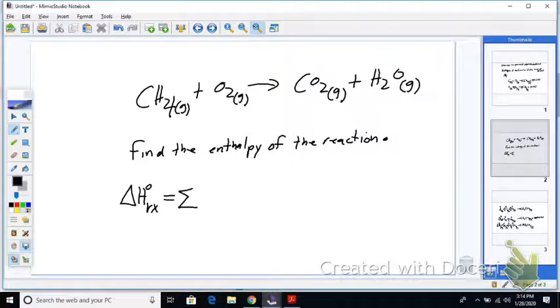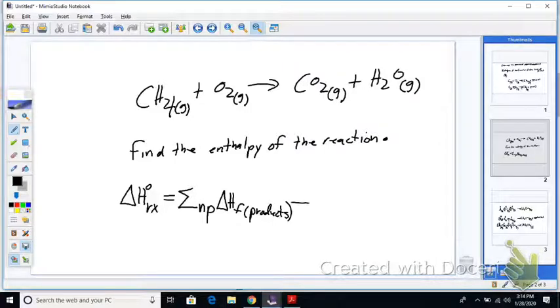Heck yes. What is that? Summation. Okay, sum, right? So it's going to be the sum of all the moles of the products times the delta H of formations of the products. That's what you're going to do, and that's what that P stands for. And I'll put products here because that's the way I show it.